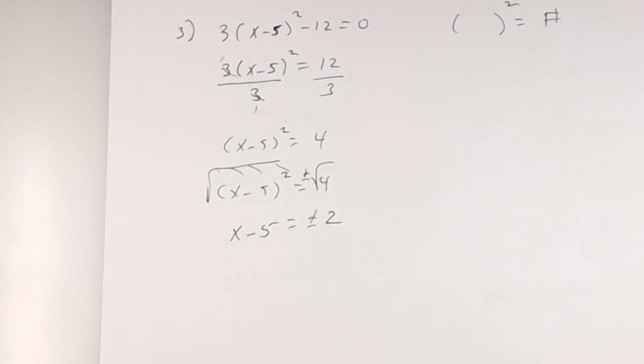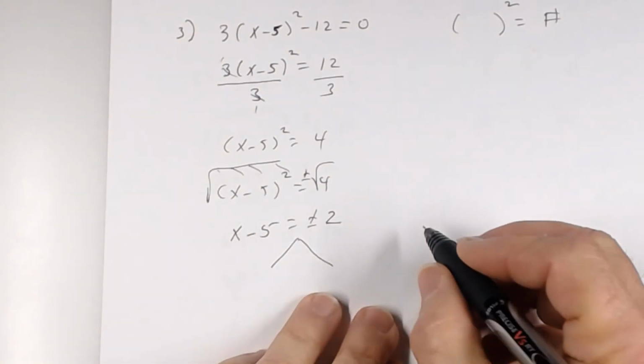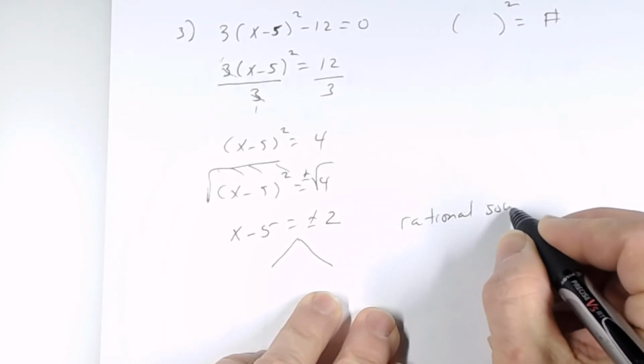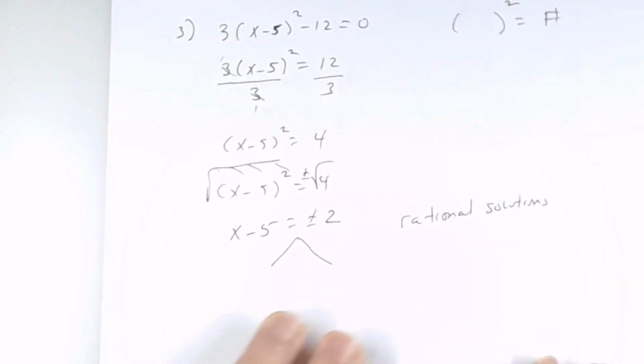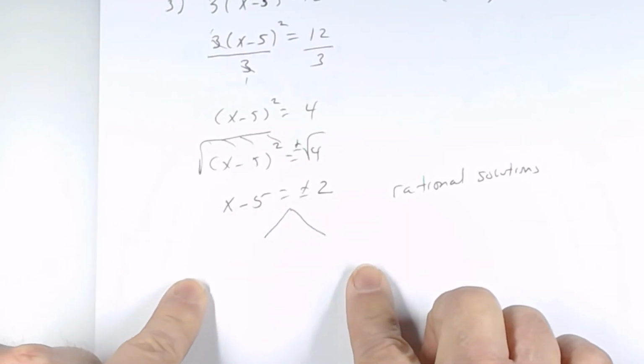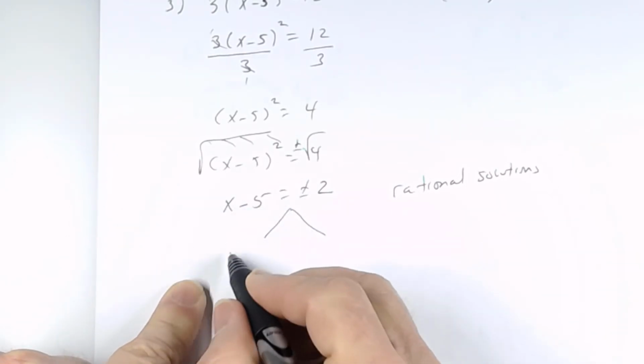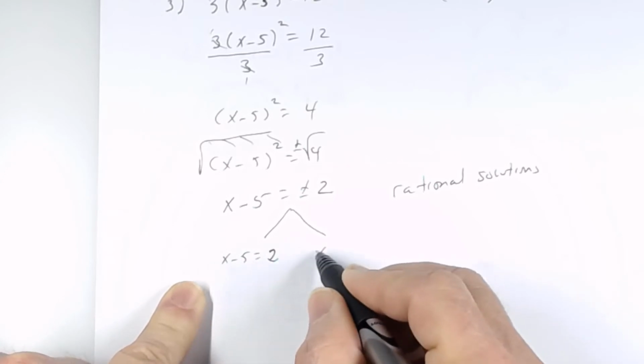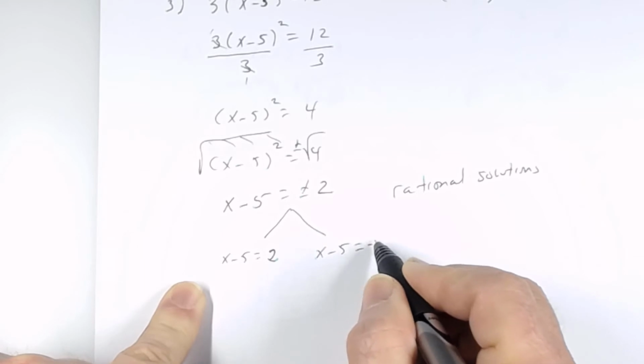So since they're rational, you have to split it apart. Make a note of that so you'll remember what to do. Since they're rational solutions, you split it apart. So you're going to say x minus 5 equals a positive 2, and x minus 5 equals a negative 2.